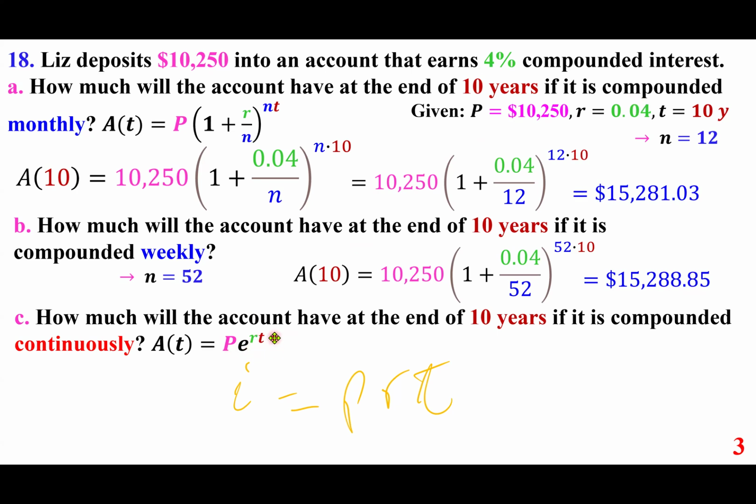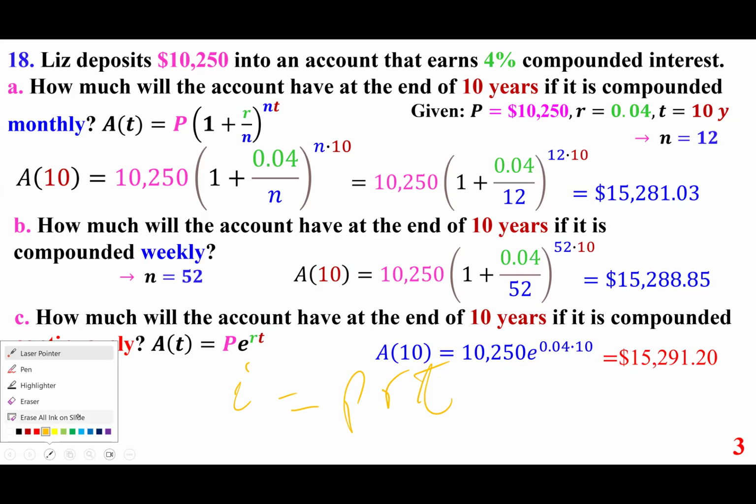R is 0.04 and T is 10. So the product of these two, of course, is 0.4. e to the power 0.4 times 10,250 gives you a little bit more, $15,291.20. So compounding as we add to n and this becomes indefinite, produces more in return.